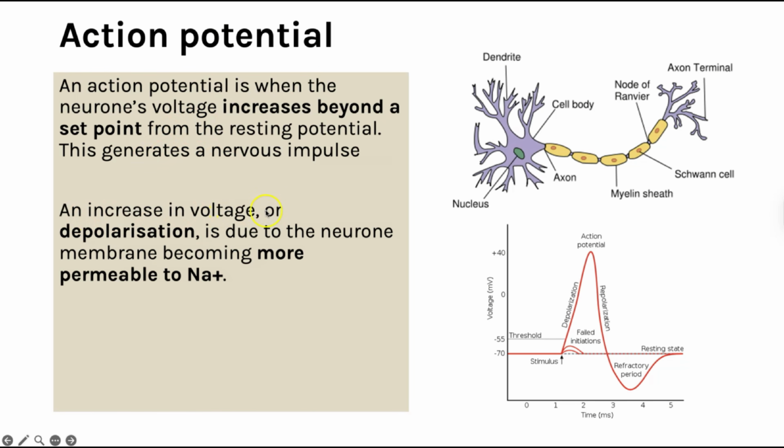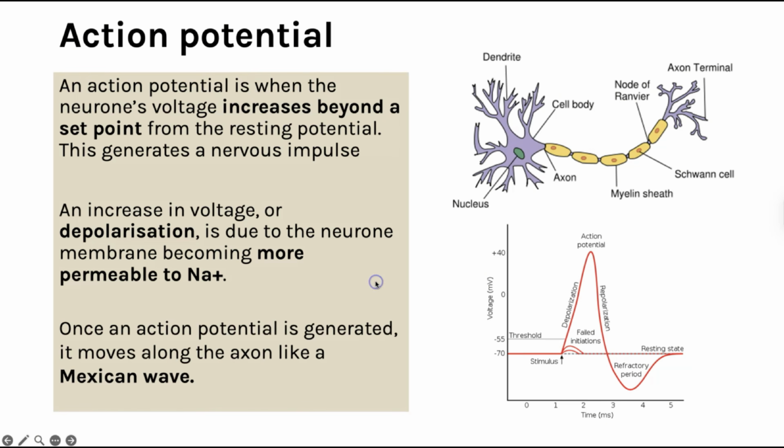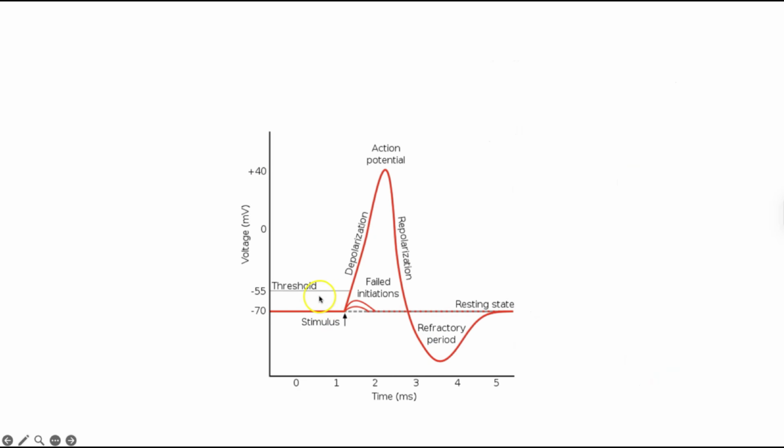So an increase in voltage or depolarization is due to the neuron membrane becoming more permeable to sodium ions, and therefore it becomes more positive. And once an action potential is generated, it will happen initially at this point, and then it moves along the axon from node to node of Ranvier like a Mexican wave. And we'll come back to that concept once we go through the action potential.